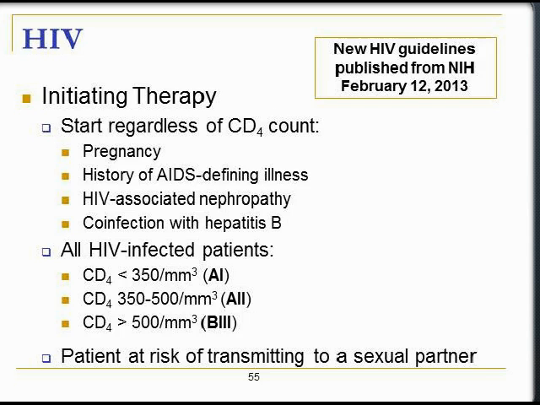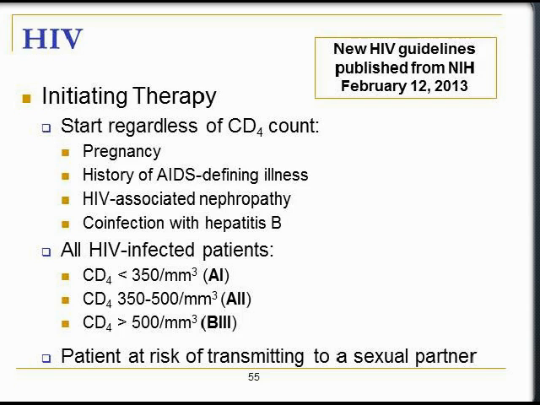Okay, so let's talk about initiating therapy. And again, just a reminder that the new guidelines came out on February 12th. The recommendation is you should always start therapy in any of the following patients: a pregnant woman, those with a history of AIDS, those with HIV-associated nephropathy, or a co-infection with Hep B. So regardless of what their CD4 count is, regardless of what their viral load is, you start therapy in those patients.